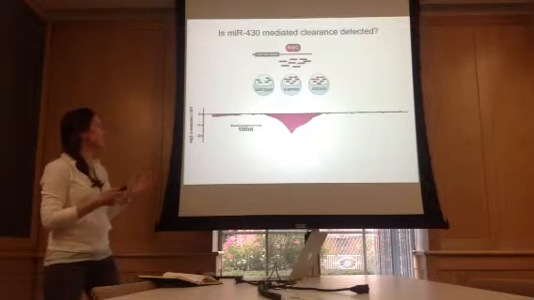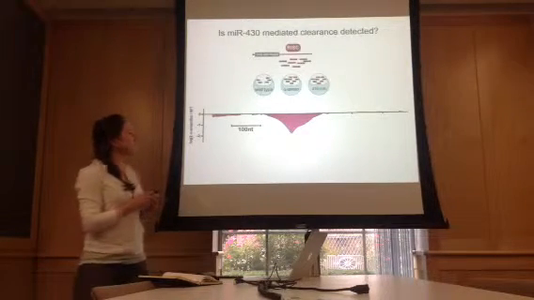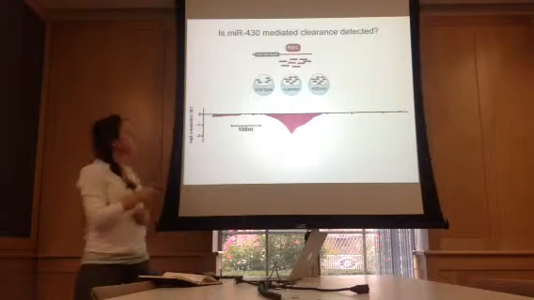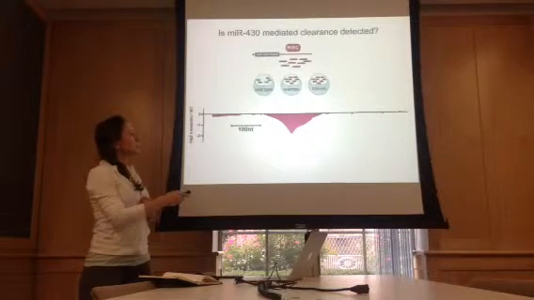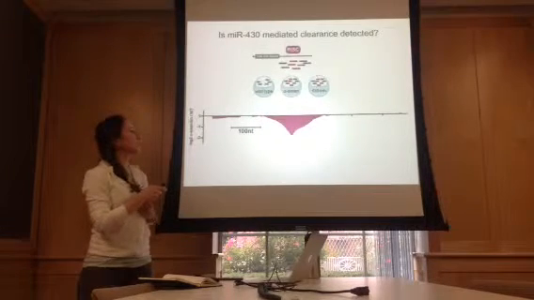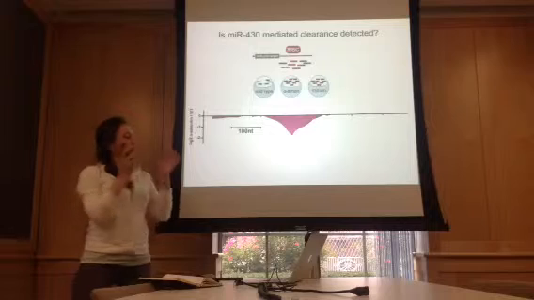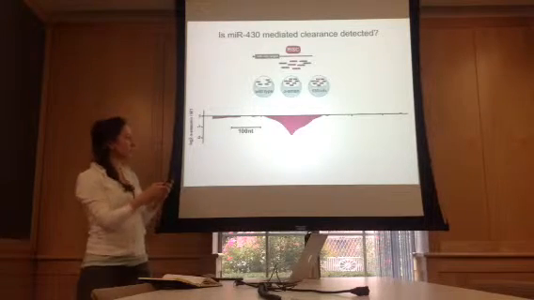And we find that we can in fact identify a miR430 seed region. So here's a UTR of a miR430 target, and here you see a peak perfectly centered around the miR430 seed.